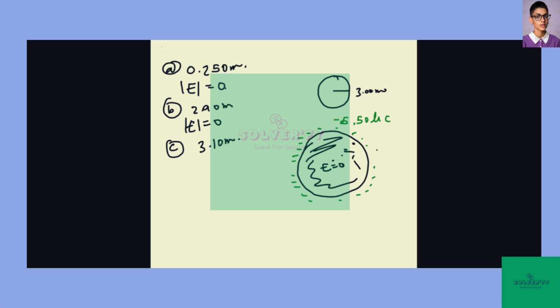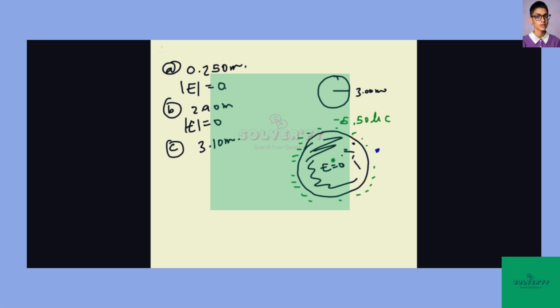Now, there is another thing to note. Spherical charge distributions act as if the whole charge was concentrated at the center for objects outside the sphere. That is, at this point, it will be as if the whole charge of minus 5.5 microcoulomb was concentrated at this center.